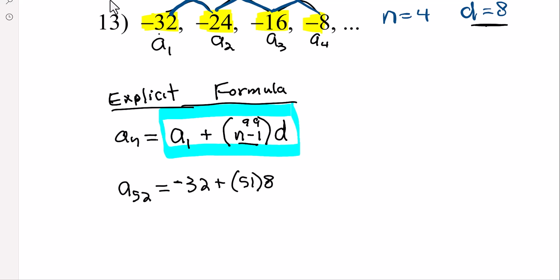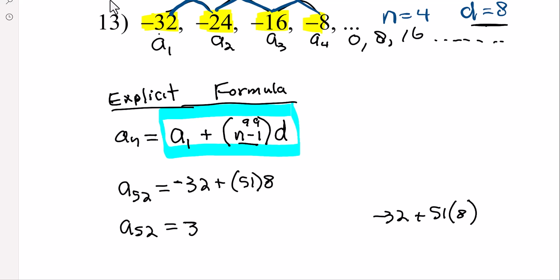So the 52nd term in this sequence, I'm going to type this into the calculator. Negative 32 plus 51 times 8. So if we were to keep adding 8, if we added 8 more, we'd be at 0, then 8, then 16.